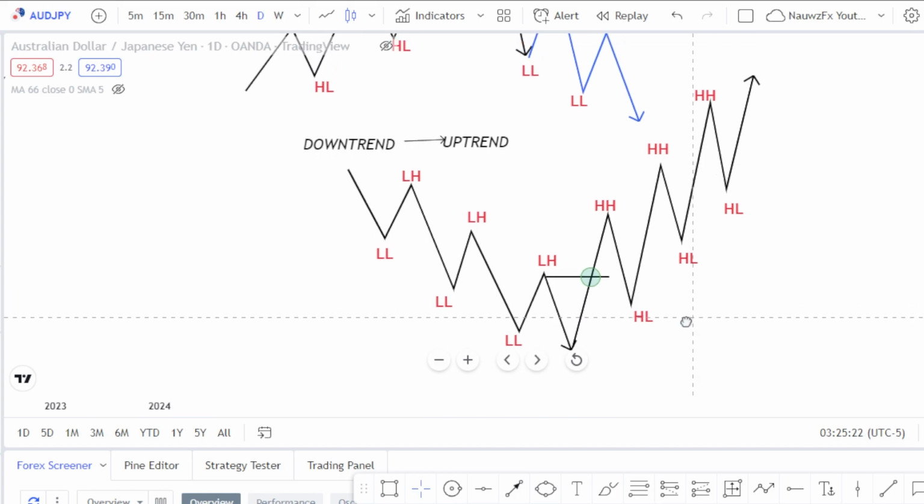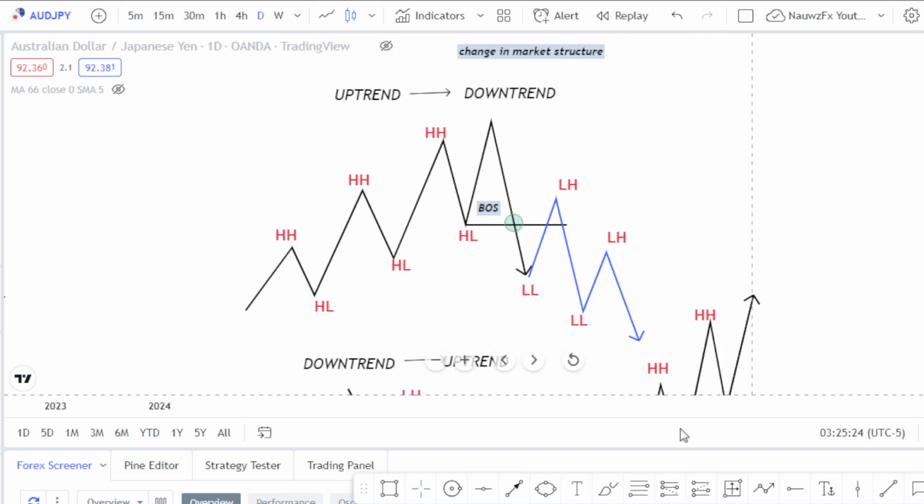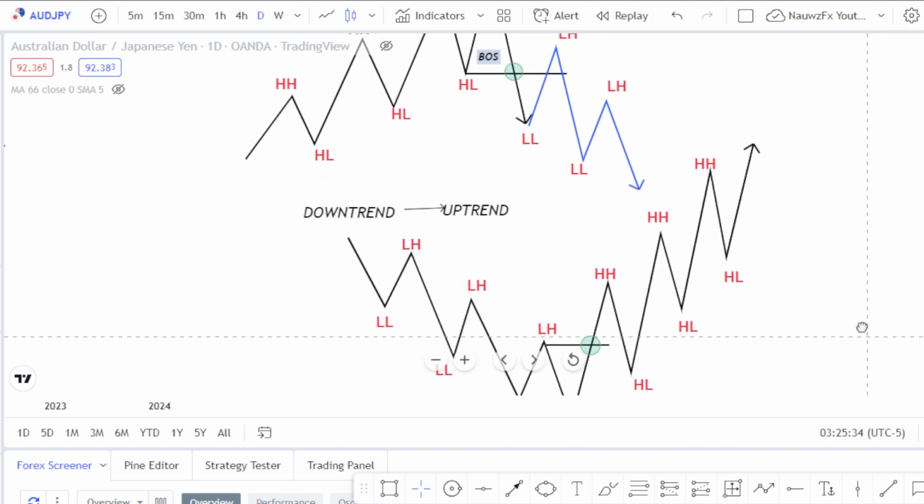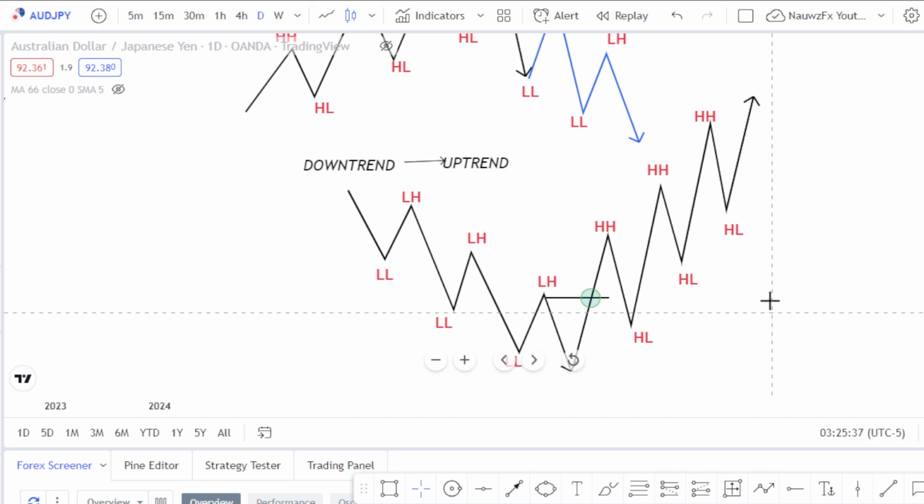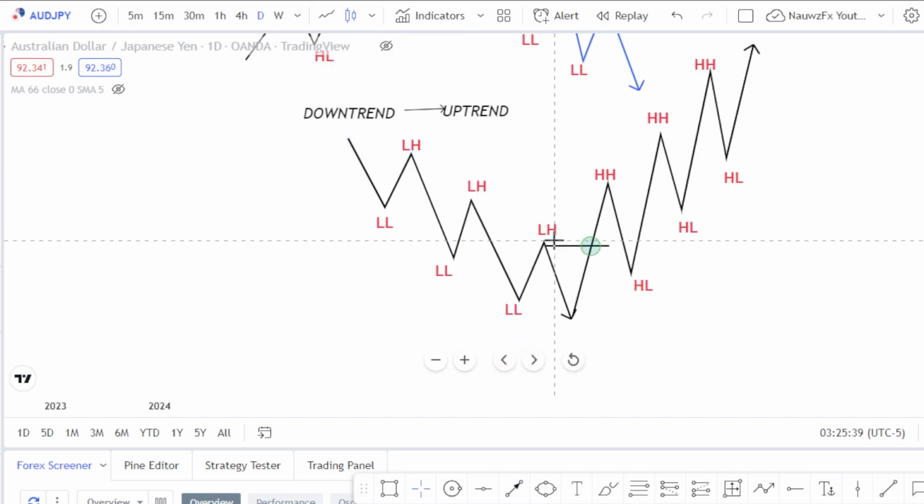So just keep in mind, for an uptrend to change to a downtrend, we just have to have a break of the last higher low, and the market will transition from there. As for a downtrend to an uptrend, we have to have a break of the last lower high, and then our market will transition into an uptrend. And that is it on market structure, guys.